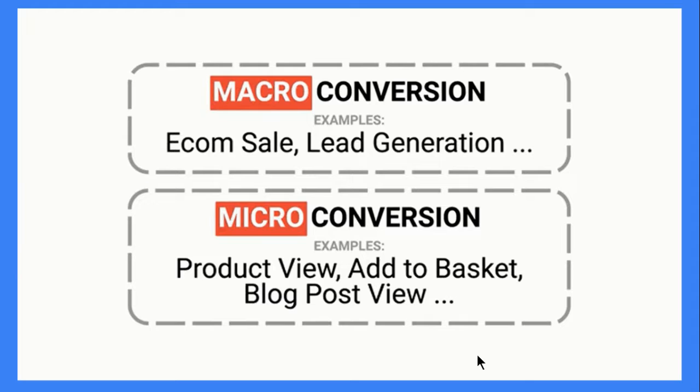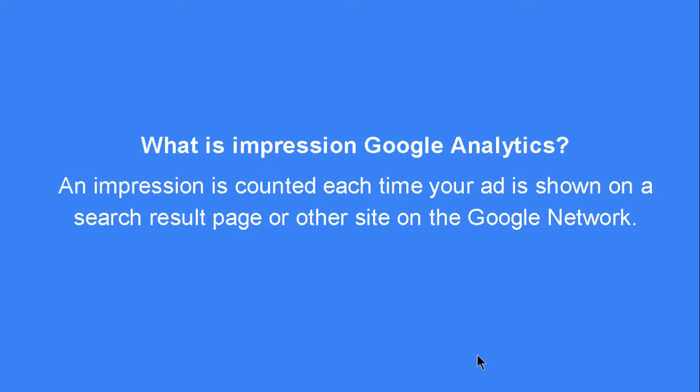Also, whenever a user comes to our website, we have a lot of impressions and a lot of visits. Visits, mostly you guys will know. But if you don't know what an impression is in Google Analytics: an impression is counted each time your ad is shown on a search result page or other site on the Google network.